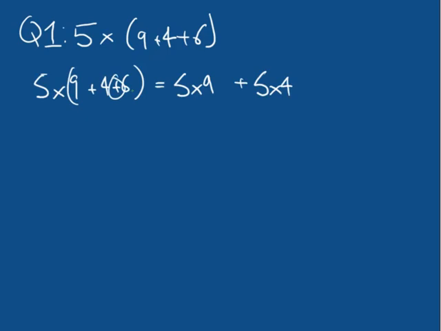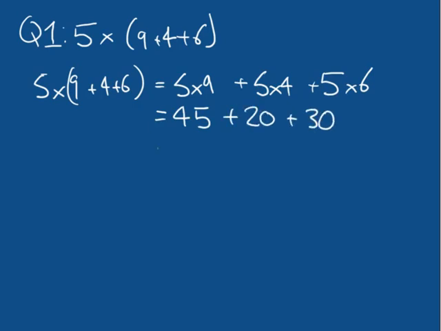We add to that 5 times 6. If we then work this out, 5 times 9 is 45. 5 times 4 is 20. 5 times 6 is 30. 45 plus 20 is 65, plus 30 is 95.